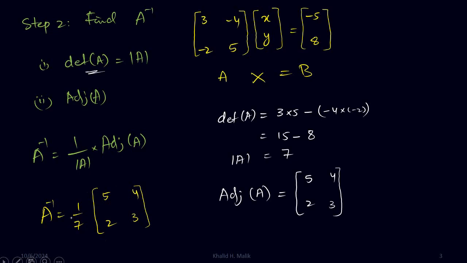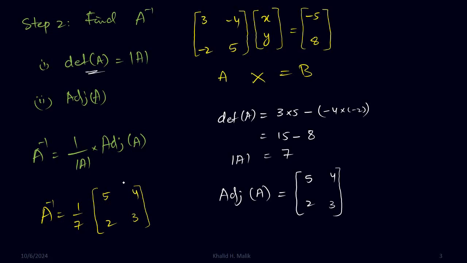Now what we have to do in step 4 is find the values of the unknowns. In step 4, we have to multiply, X is equal to A inverse times B. So we have our X matrix, like x and y, and we just calculated the A inverse.